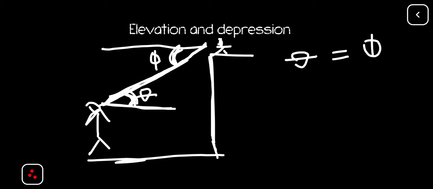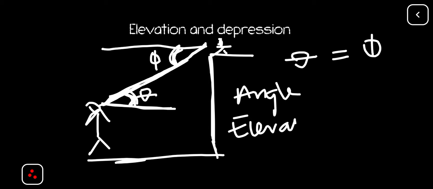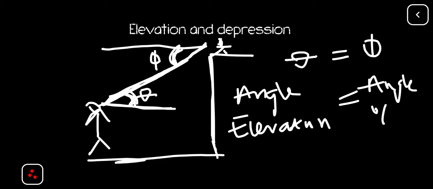And we know that theta is the angle of elevation, and we know that phi is the angle of depression. Okay? So this is something that you should know because you'll be applying this a little bit more when you are solving angle of depression. You have to take note of these alternate angles here.